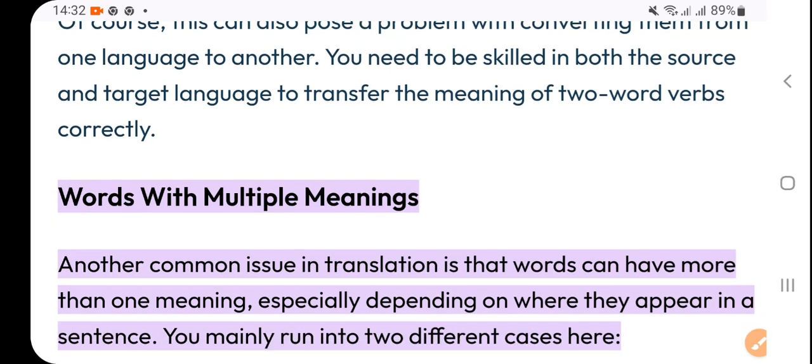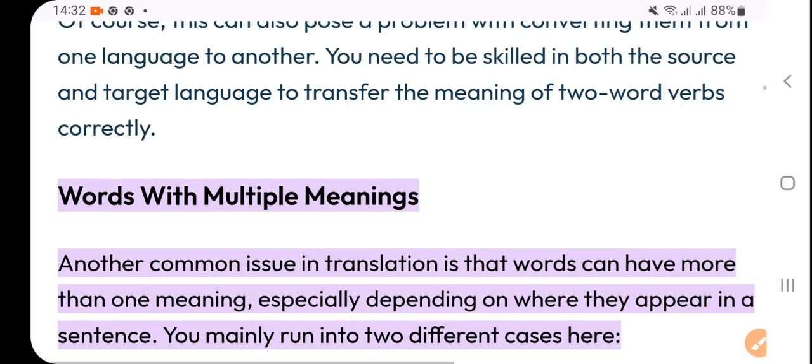You need to be skilled in both the source and target language to transfer the meaning of two word verbs correctly. It needs a good knowledge of both the languages, right?